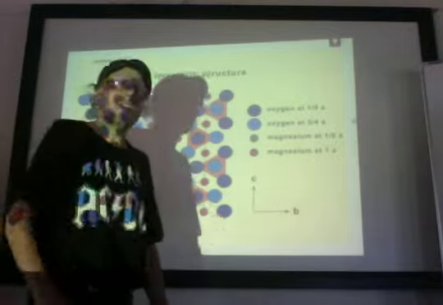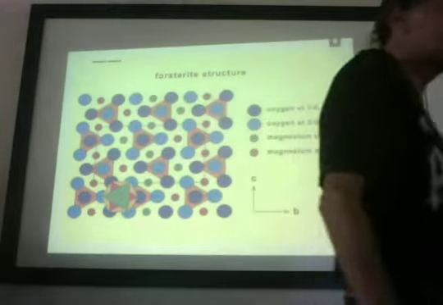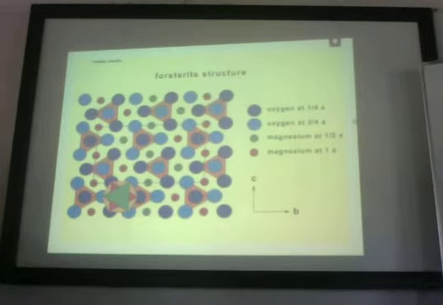But if you go back into your documents from last week and compare this crystallographic structure with the tectosilicate, and the tectosilicate is the quartz, then all the tetrahedrons are connected with each other. Why is this so important?